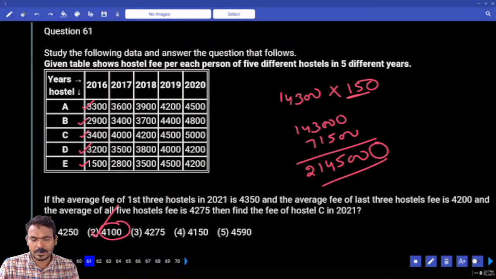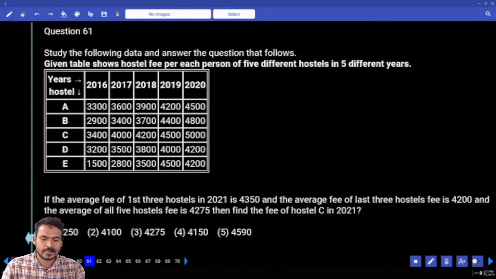Next question number 61. If the average fee of first 3 hostels in 2021 is 4350, and the average fee of last 3 hostels is 4200, and the average of all the 5 hostels fee is 4275, then find the fee of hostel C in 2021.